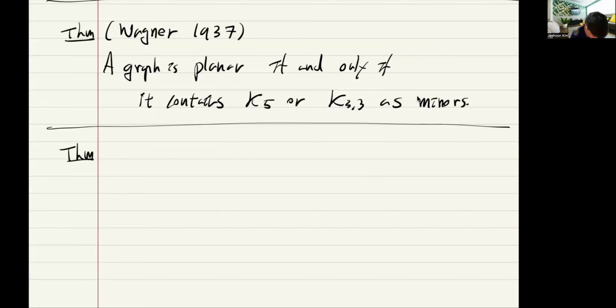And indeed, Kuratowski in 1930, earlier, actually proved the following stronger theorem.